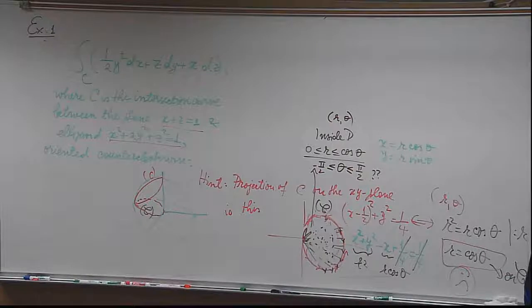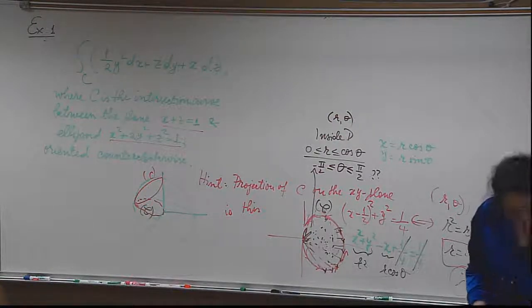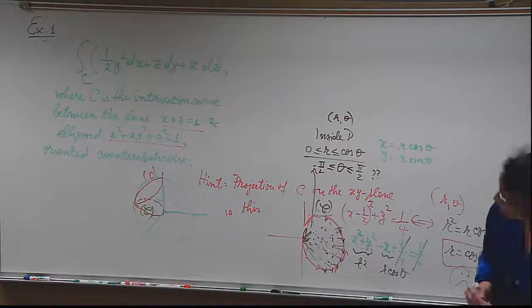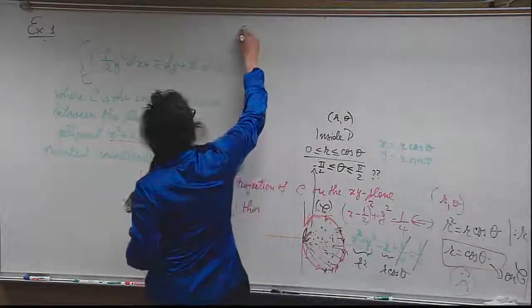What else did I want? All right, so did I give you the right form of f? Yes. I'd like you to compute curl f and n all by yourself.